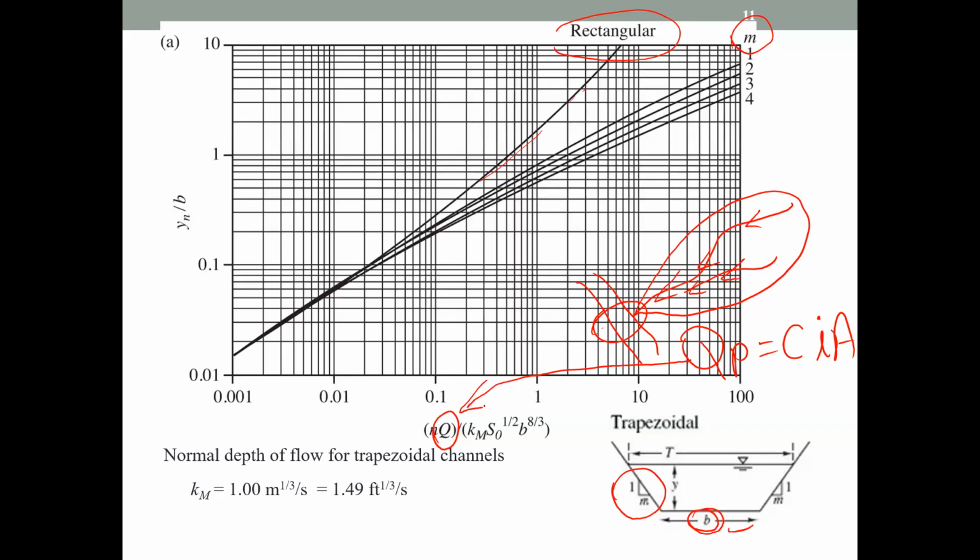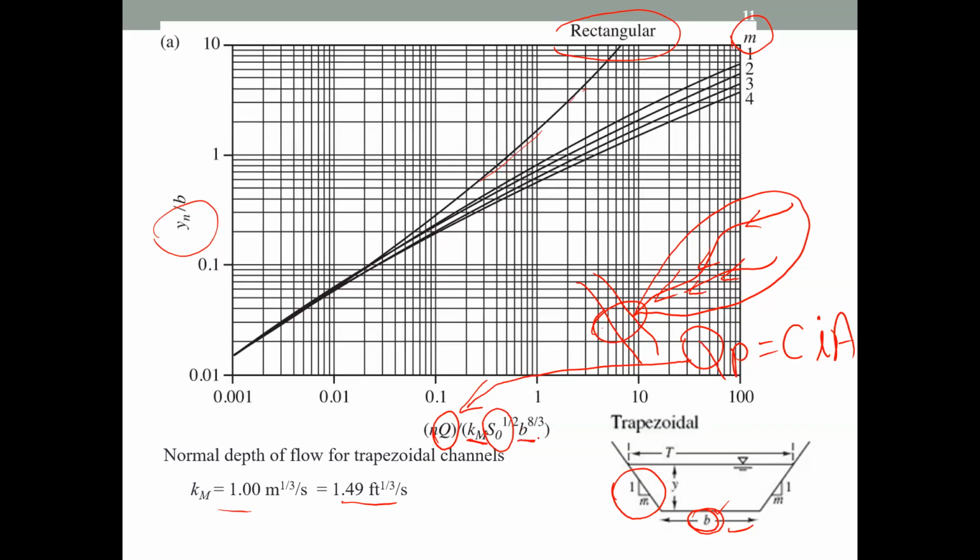So now for that, what is the Y that we need to carry that flow rate for a given channel width? K depends on the unit. It can be 1 or 1.49, depending on the unit system that you use. Then S naught is equal to the slope of the channel bed, the longitudinal slope. And B is the width.